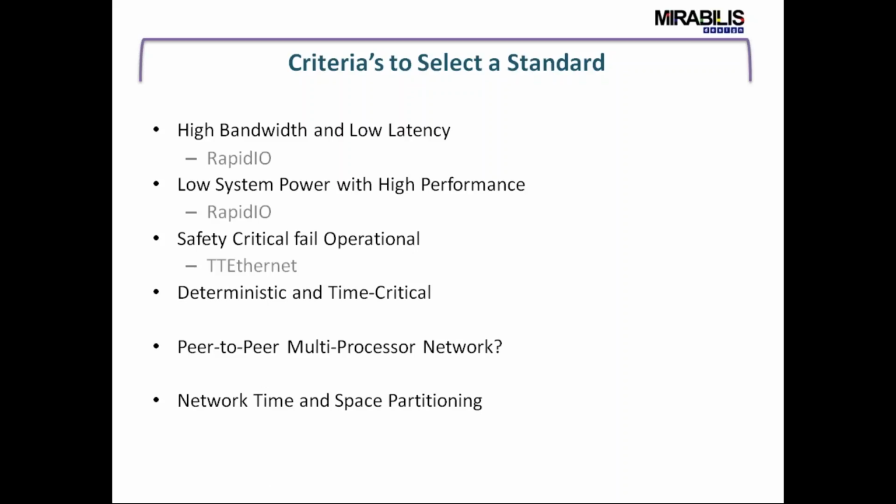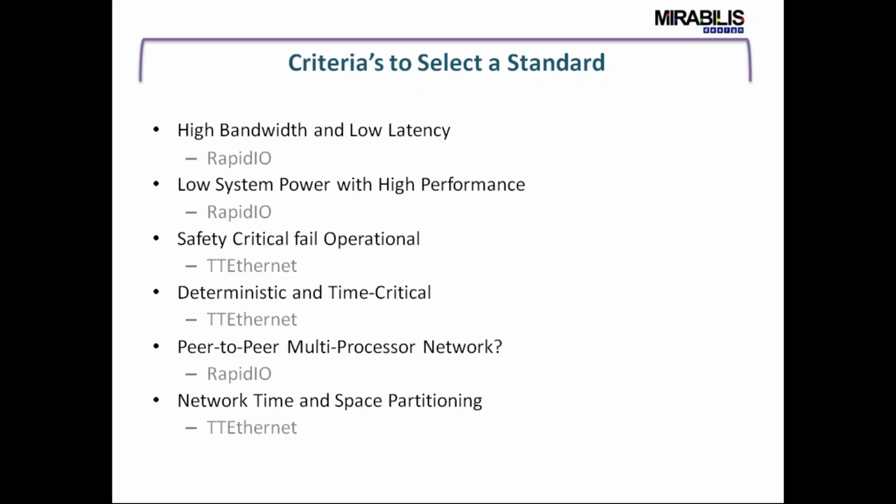And if the requirement is in terms of safety critical and fail operational, mostly in the area of avionics control, TTEthernet plays a huge role in this space. And similarly for deterministic and timing critical, again TTEthernet proves that this is the right contender. And if you look at the peer-to-peer and multi-processor network, RapidIO is the right fit.